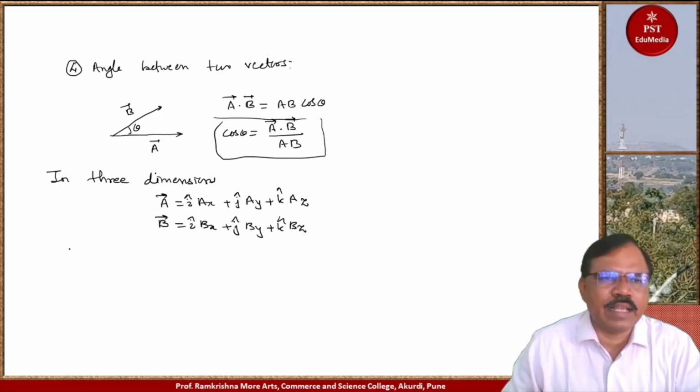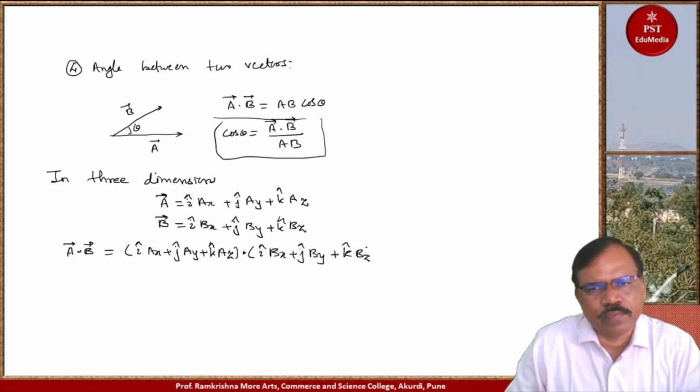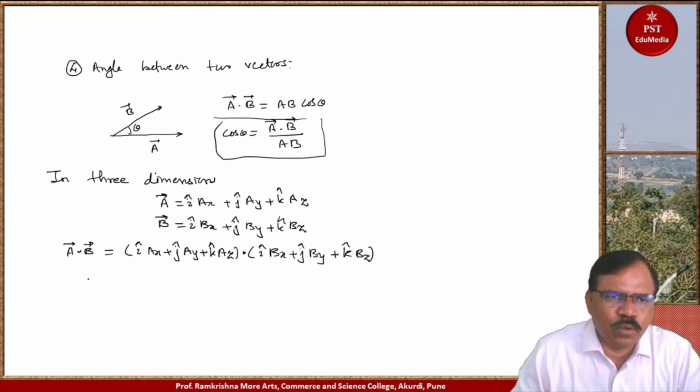Now here we can take A dot B. In the first bracket I can take I Ax plus J Ay plus K Az, dot I Bx plus J By plus K Bz. So here we will go component wise.